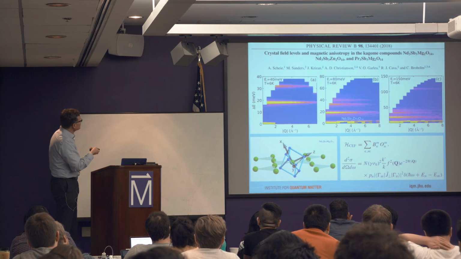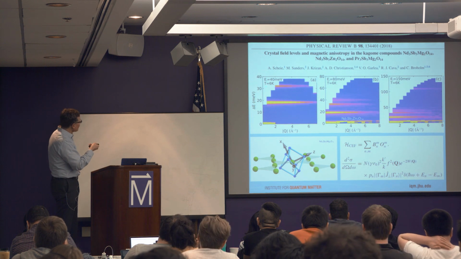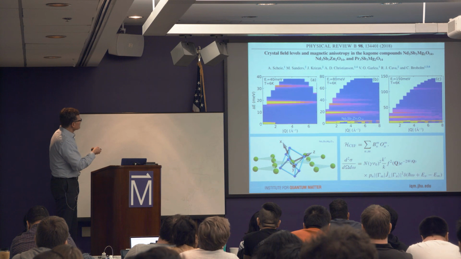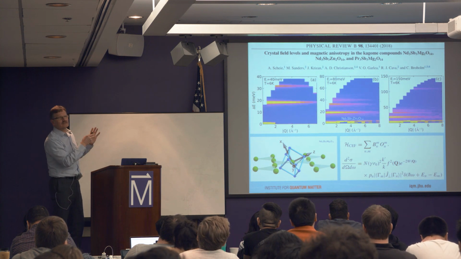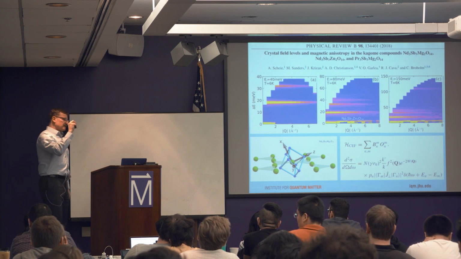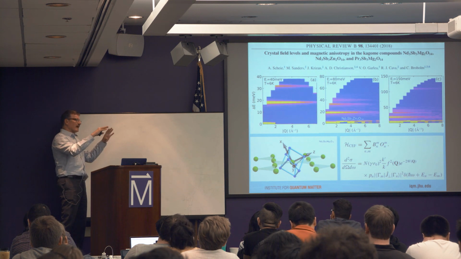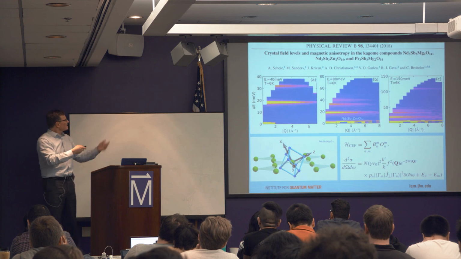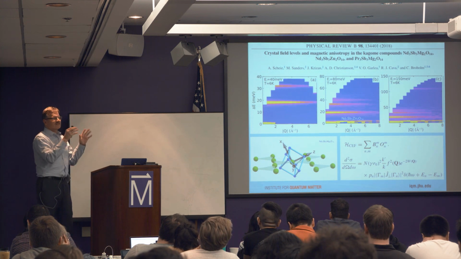What's shown here is a false color map of the intensity of scattering as a function of scalar momentum transfer and energy transfer. Since I'm doing inelastic scattering just from the individual atoms, and I'm not worried about magnetic interactions between them, momentum transfer is not a very interesting variable.